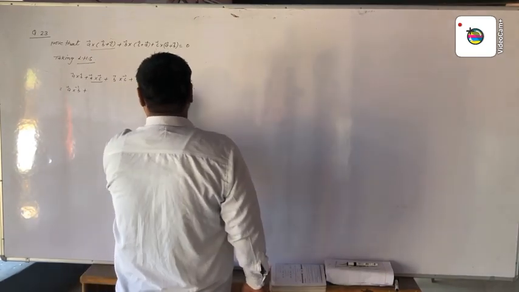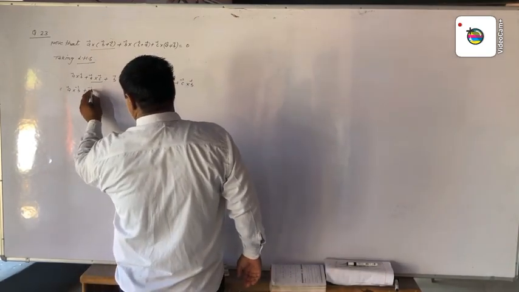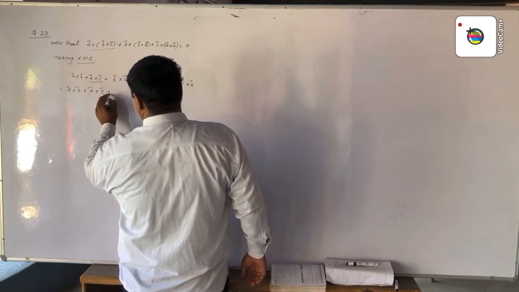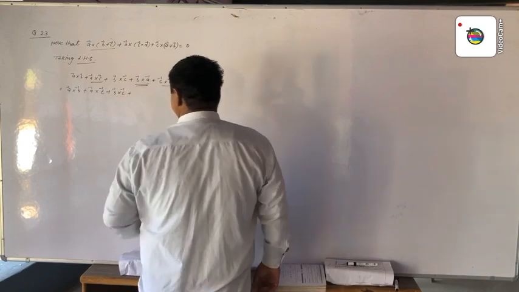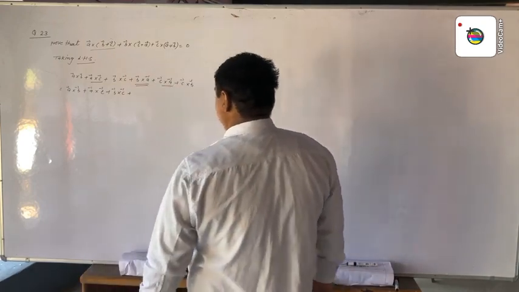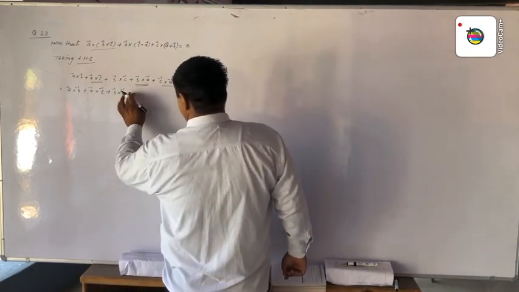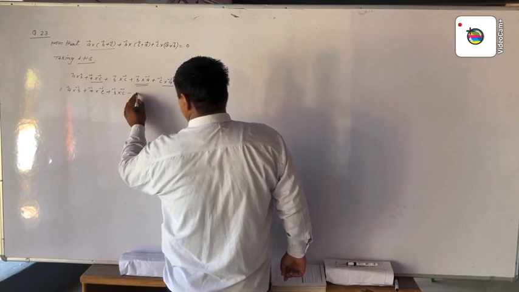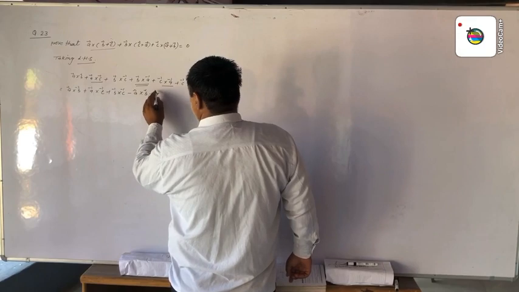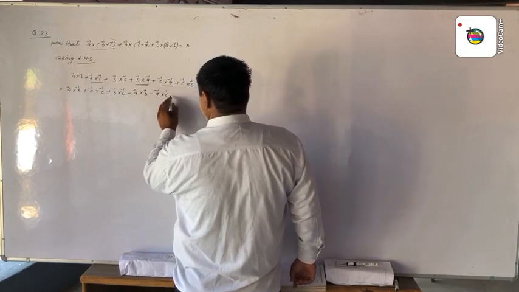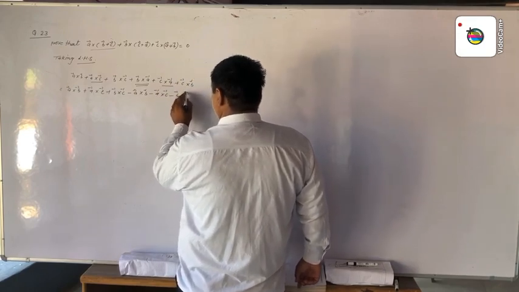This is vector c cross a. Vector a cross c plus vector b cross c. Now this vector b cross vector a, we change the direction, then the sign changes to negative: vector a cross vector b. This also changes: vector a cross vector c, and this also changes into negative vector b cross vector c.